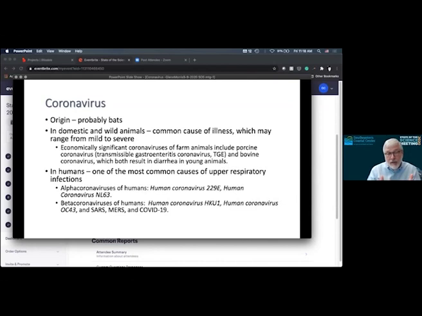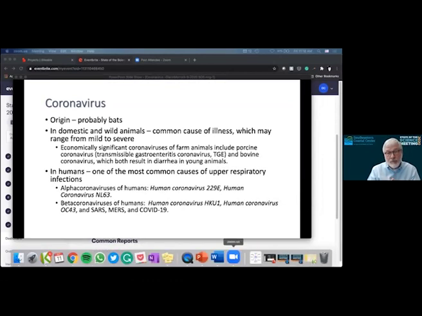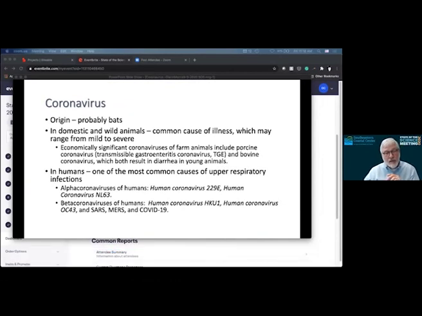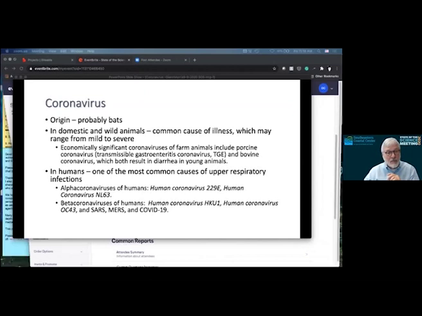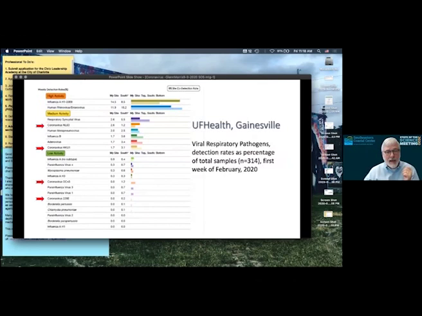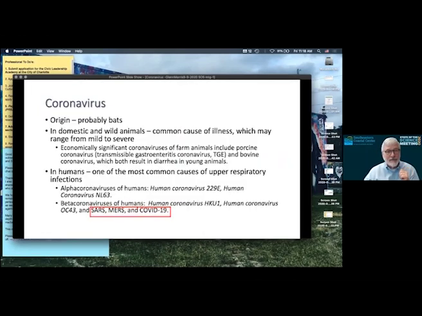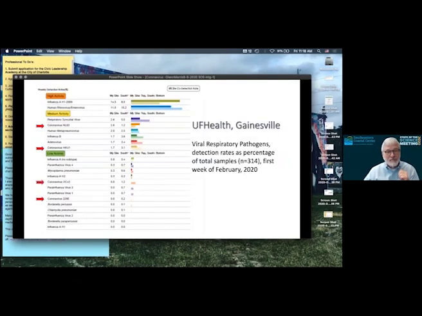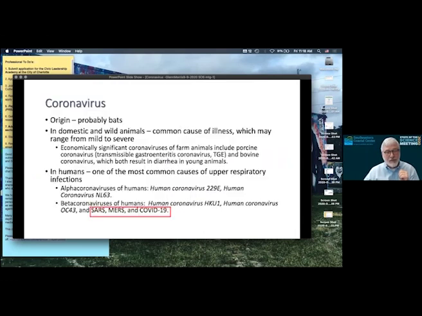And then there are what are called the beta coronaviruses, HKU1 and OC43. But the reason that this gets attention, and if I could have the next slide, please. Go back, sorry. Try back once more. Is really the three that are here at the bottom, which are SARS, MERS, and COVID-19.